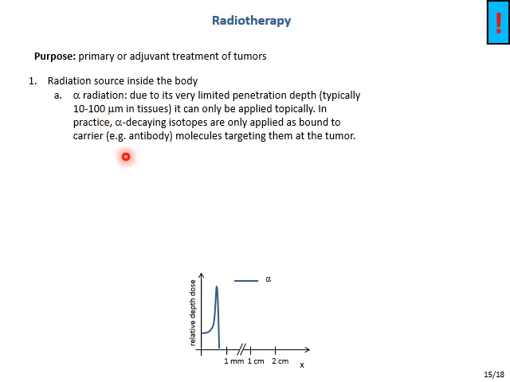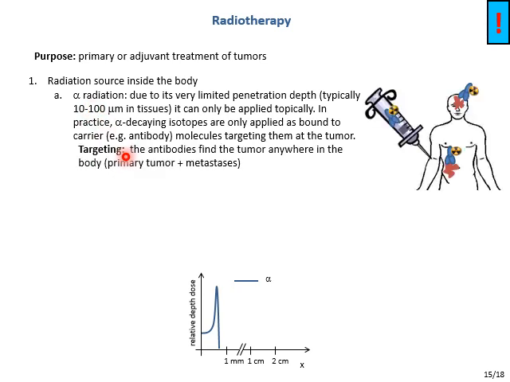Therefore, the alpha emitting isotope must be targeted very specifically.